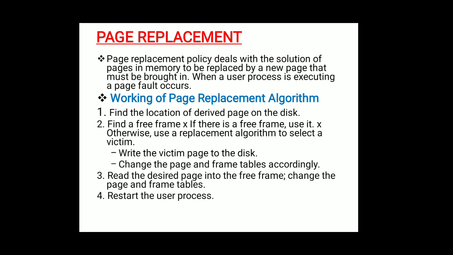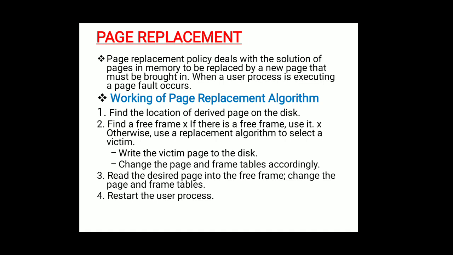We can use the freed frame to hold the page, and also we can modify the page fault by making use of the following steps, that is the working of a page replacement algorithm. First, we find the location of the desired page on the disk, which means which page you need to bring.